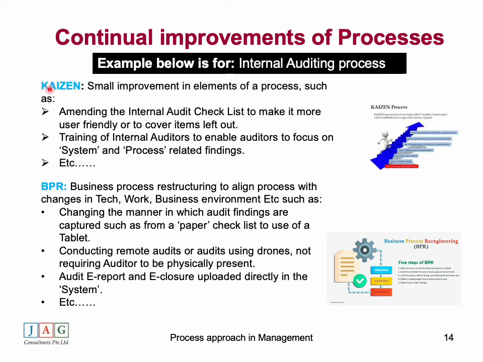Kaizen is small initiatives, small improvements. BPR is business process restructuring. Both are improvements in the processes, but in a different way.